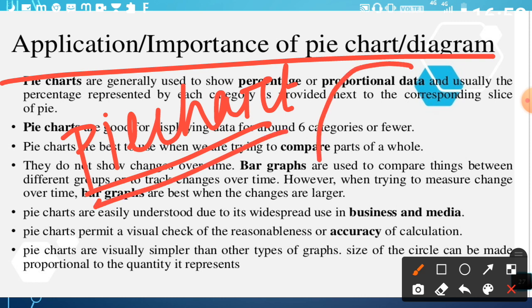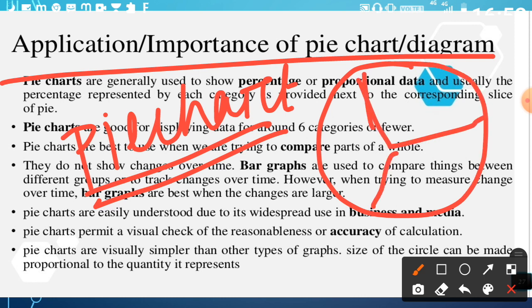Let's consider I have data something like this, okay? It's very hard to say which one is present at a maximum level and which is present at a minimum. When all the percentages are a bit similar, it's very hard to present the data in the pie chart, and it confuses the person looking at the pie chart, right? That's the demerit of the pie chart.